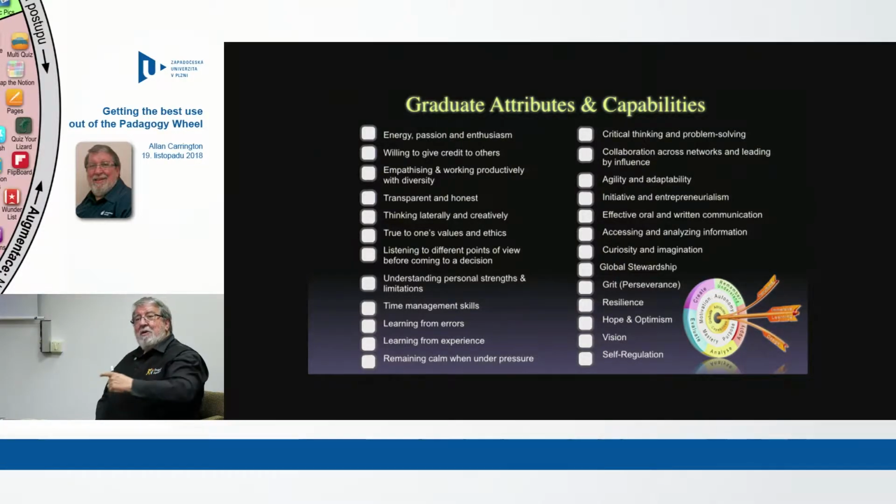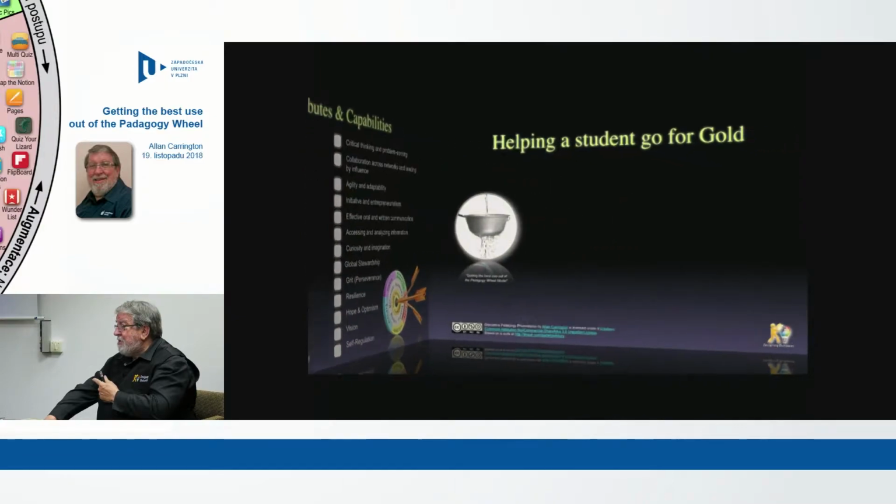Because if you can create a graduate that looks like this, they're going to be able to get a job so fast their head will spin. Because this is what the leaders want, the marketplace wants. This is what society wants, actually, if you look at it.